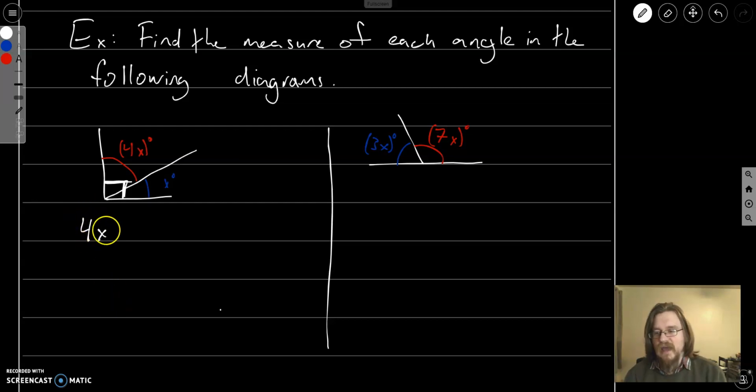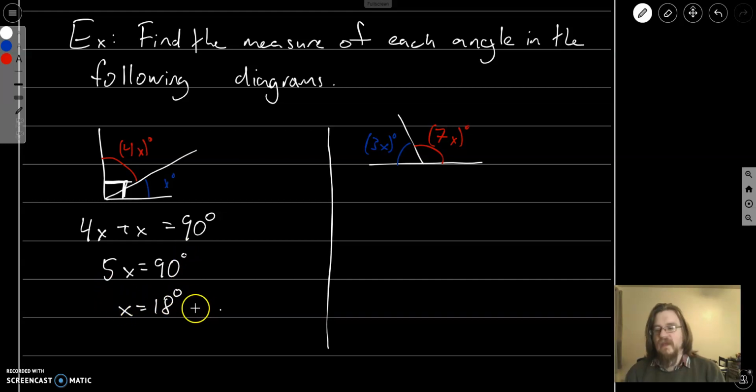So I know that if I add this first angle, which is 4x, plus the second angle, which is x, I should get 90 degrees. I know I should get this right angle right here. So when I add 4x and x, I will get 5x. And then again, dividing both sides by 5, I will get x is equal to 18 degrees.